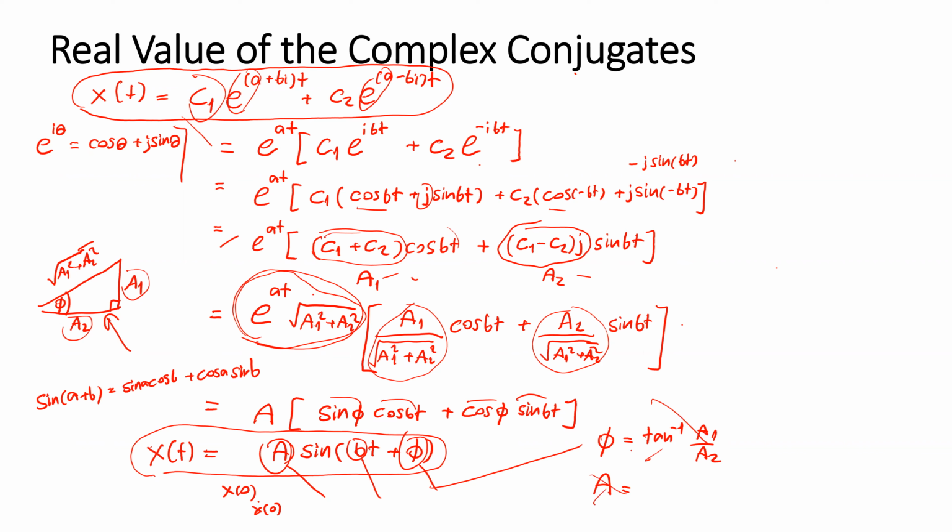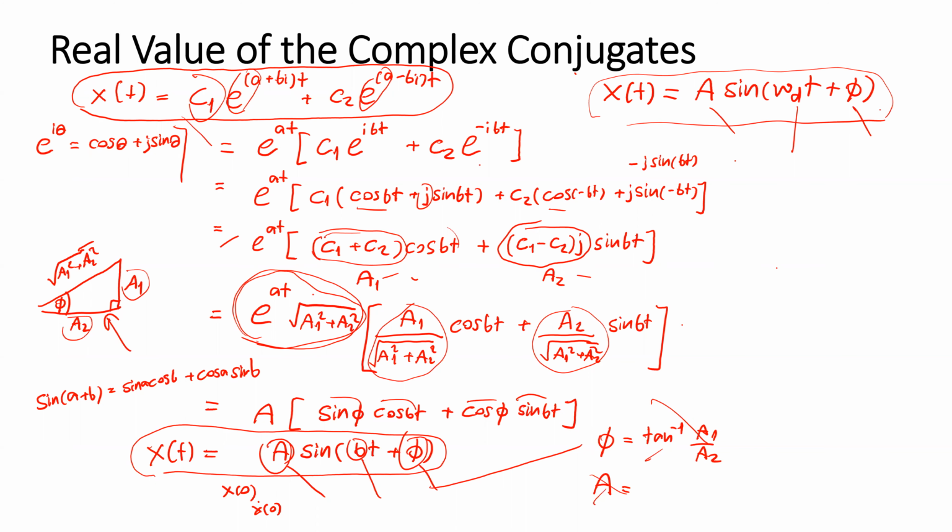We just know that when the root is complex conjugate, the response needs to be in this form: A sine of omega d t plus phi. And the next step is, how can we obtain A? How can we obtain phi? And we already know what omega d is. So the goal of today's class is to teach you to obtain A, phi, and omega d.